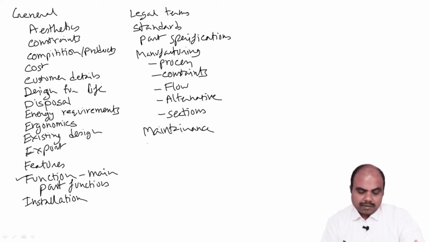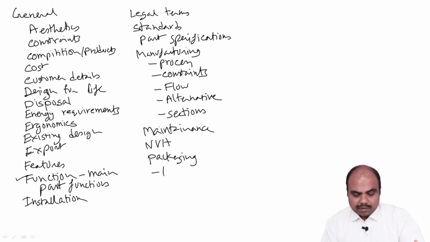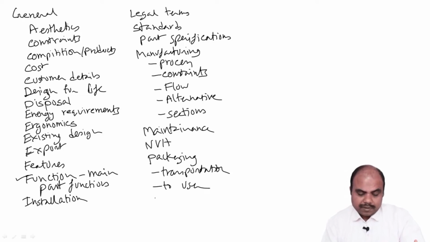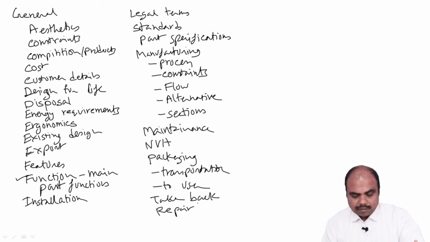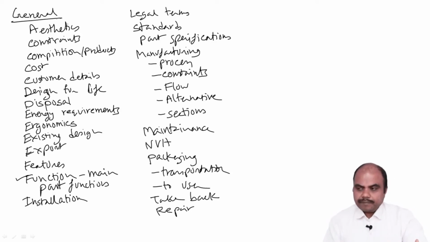Then we can say what the NVH conditions are, then how the packaging will be done, and this is packaging in transportation and to the user, and you can also take back the packaging, and then you can also say take back, then repair. So all these things we can have. So these all are general.